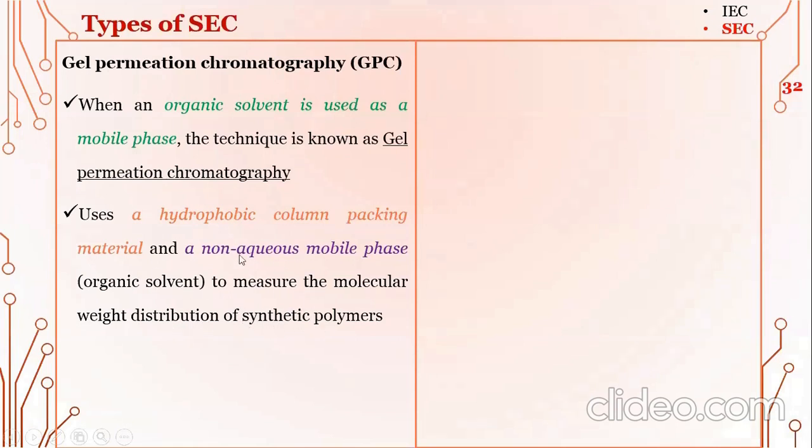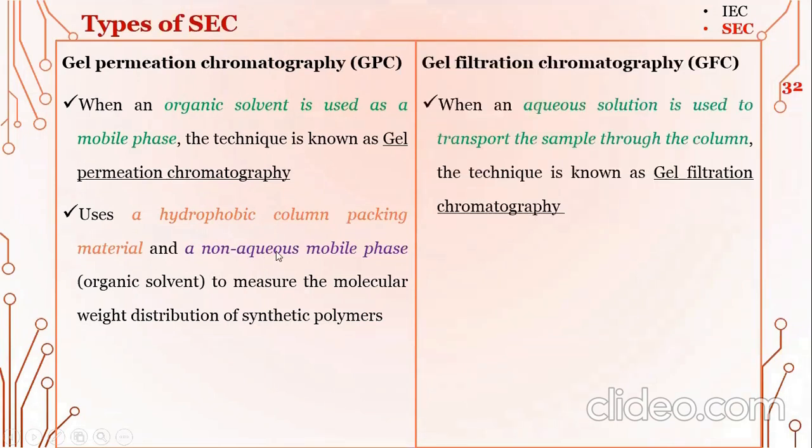So the technique in which we use an organic solvent instead of an aqueous solvent is called gel permeation chromatography, and this is one type of size exclusion chromatography.